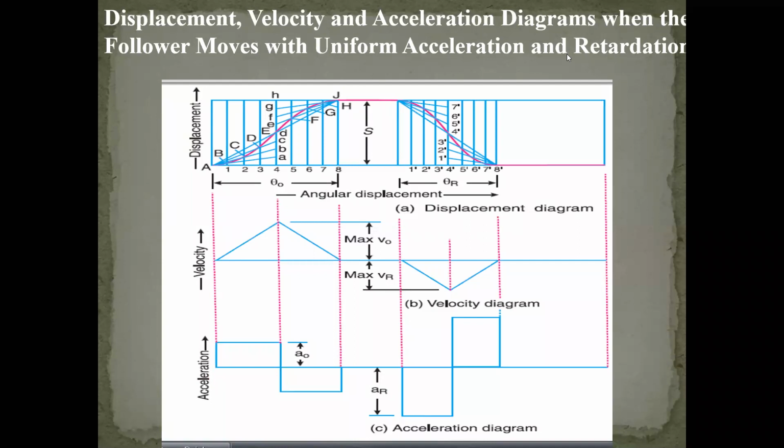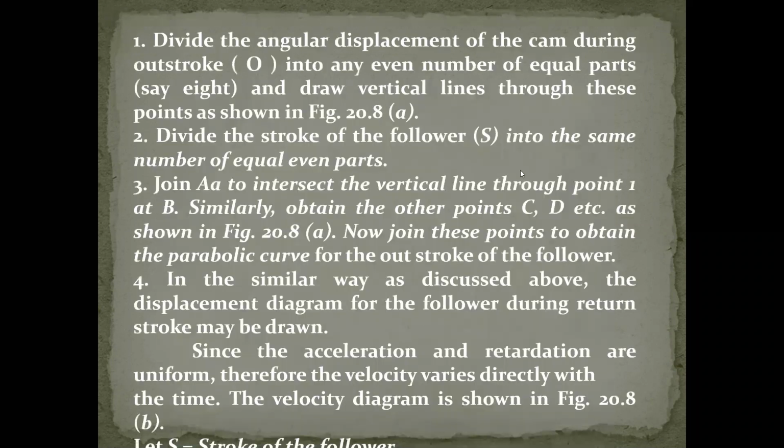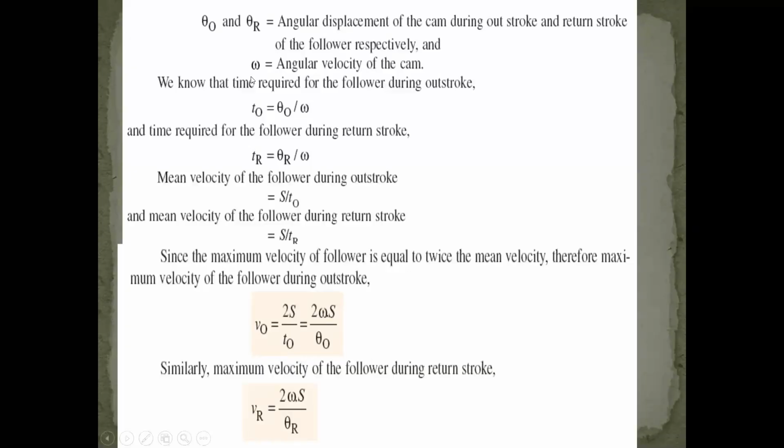Now let's see the small derivation part related to this. Before going to the derivation, we have to take some symbol notations. Theta naught and theta R are our outstroke period and return stroke period. Omega is the angular velocity of the cam.